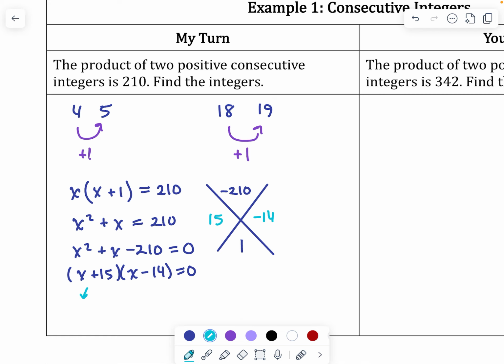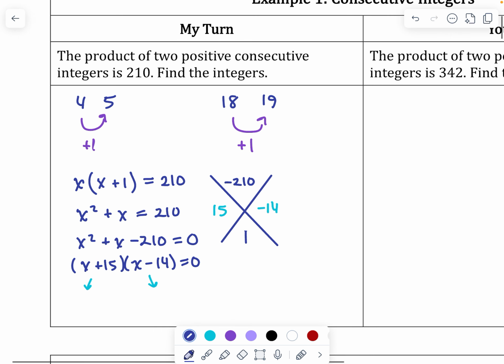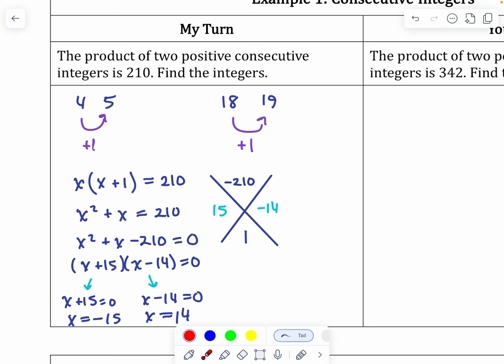And we need to check both of these. Again, I'm assuming you're familiar with this process. Maybe x plus 15 equals 0, and maybe x minus 14 equals 0. You need to check both. The first one would give us a negative 15, and the second would give us a positive 14. We want the positive one.